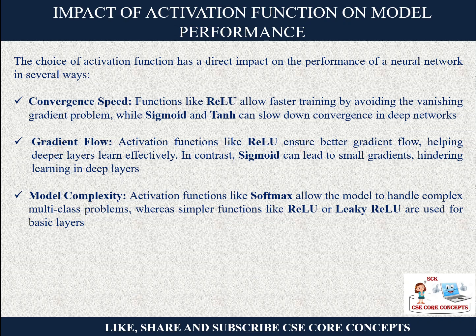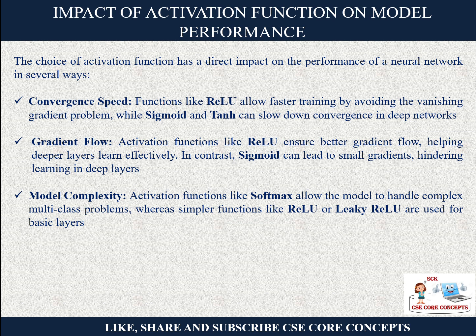At the output layer, mostly you go for sigmoid or softmax. If you have a binary classification, go for sigmoid. If you have multi-class, you go for softmax. And in between, in the hidden layers, we majorly go for ReLU or tanh.